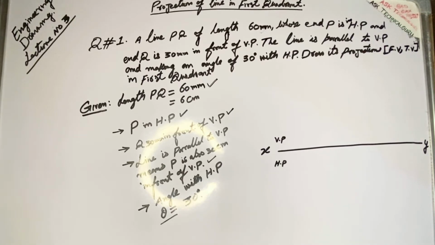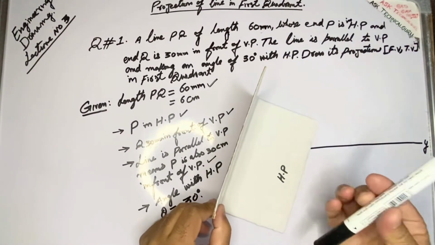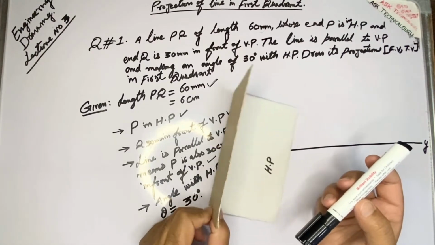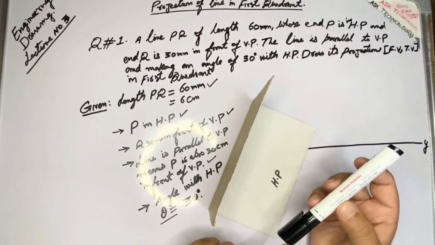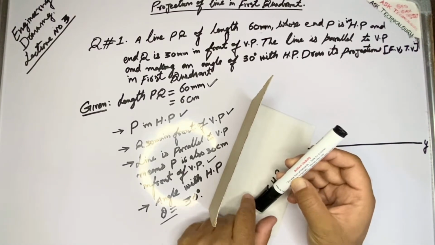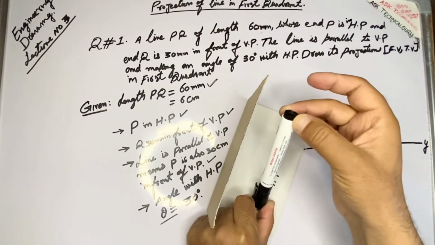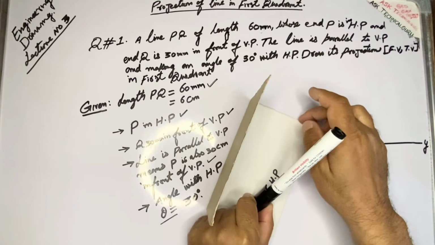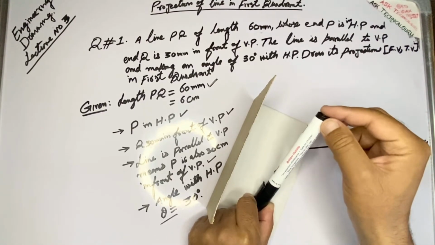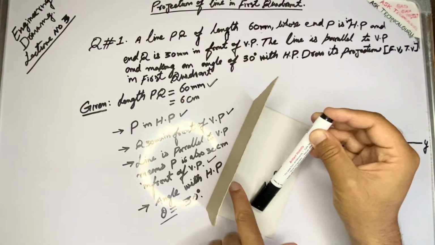Let us demonstrate it with the help of this model. Let us say this is the line PQ. What are the conditions of the line? P lies in HP. We don't know where exactly this point is, but we know that the question says the line is parallel to the vertical plane, which means it is also 30 mm in front of VP.